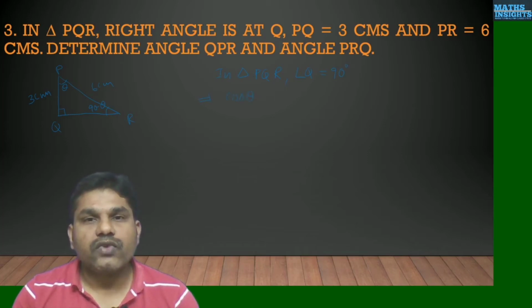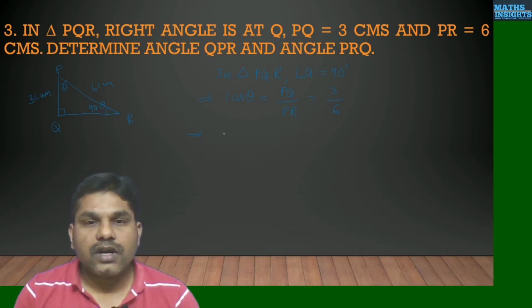If you remember the trigonometric ratios, that is nothing but cos theta. Therefore, cos theta is equal to the side adjacent, that is PQ, by the hypotenuse. Hypotenuse is PR. PQ length is given as 3 centimeters and PR is 6 centimeters.